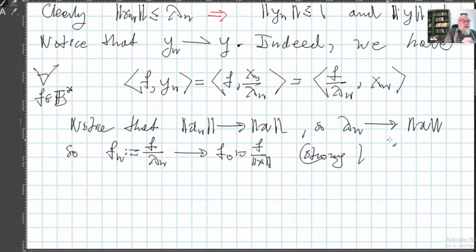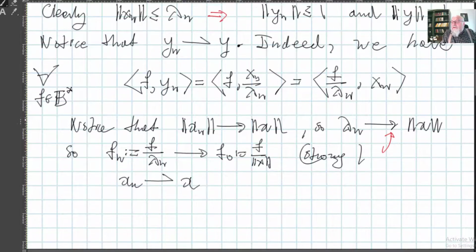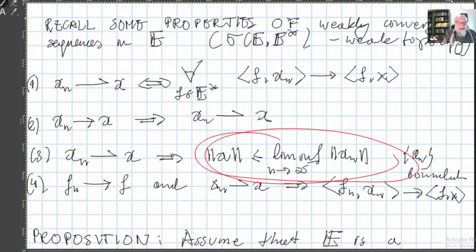So now we also know that xn converges weakly to x. So you go here and you see I have the property number 4. So we have here fn, call this f0, so this will be f0 like in our formulation. And we have two things. This is strong. This one is weak. Then I have this particular convergence. So what do I get here?